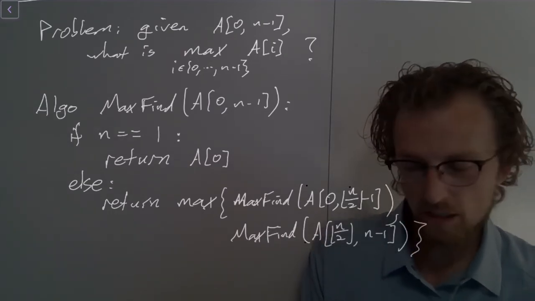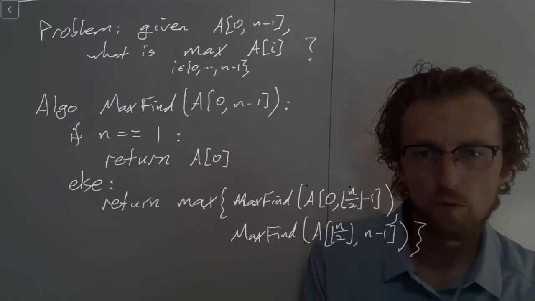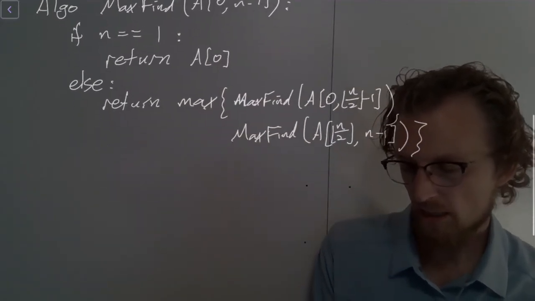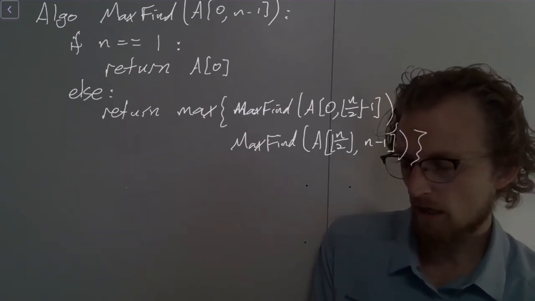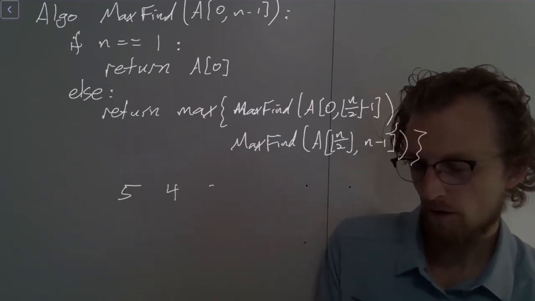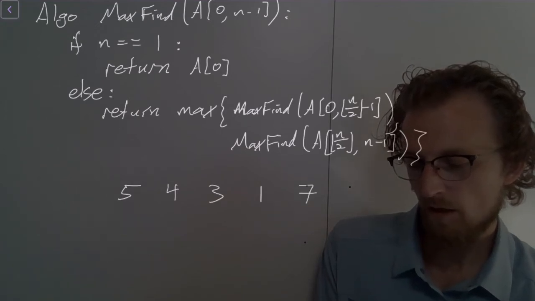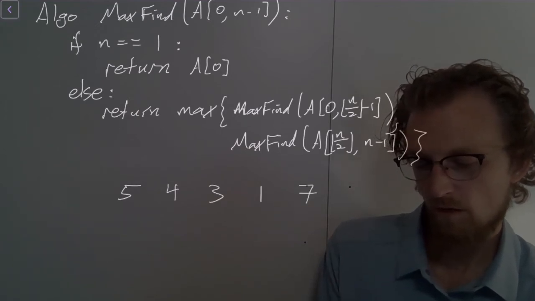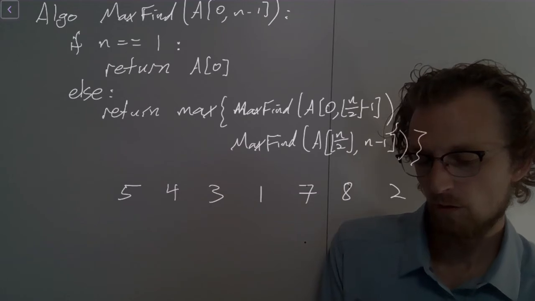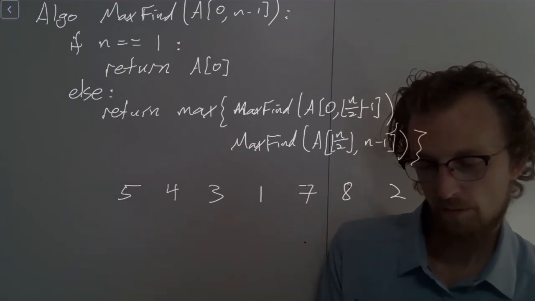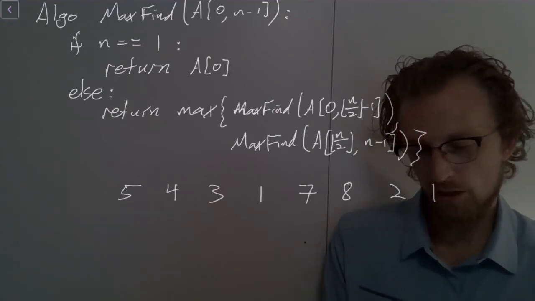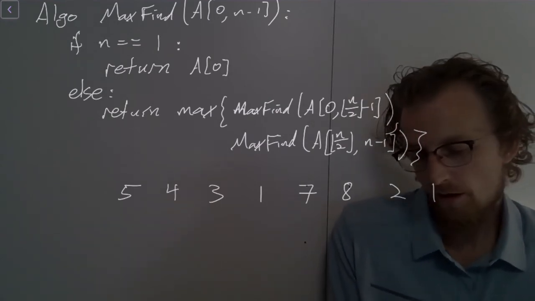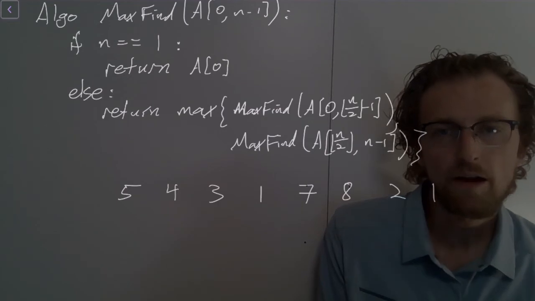All right, so this is the algorithm. So what's actually happening here is it's saying, let's just think of an array as being the following: 5, 4, 3, 1, 7, 8, 2. Let me do another one. So what it's doing is it's saying, look, this array has 8 elements, so it doesn't fire the base case.